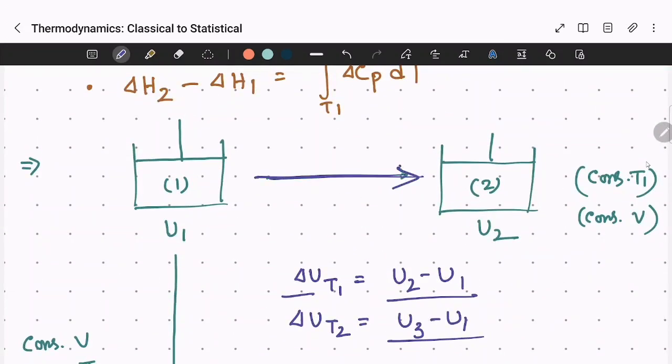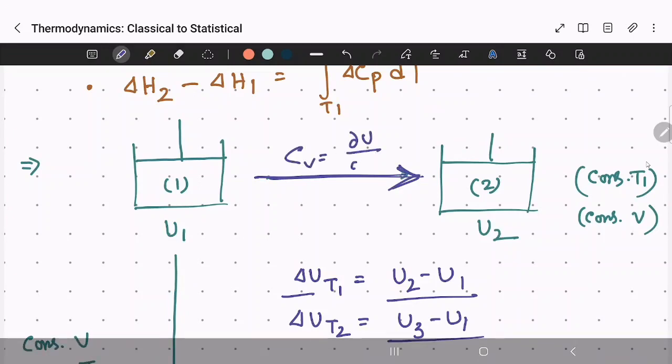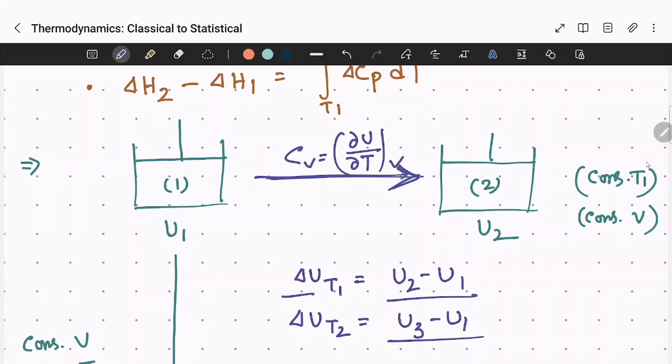For this change, there is a CV. What is CV? CV is del U del T at V. This is the constant volume process.